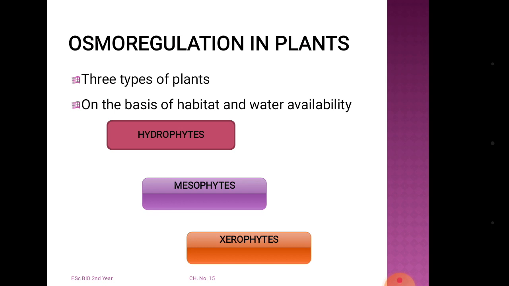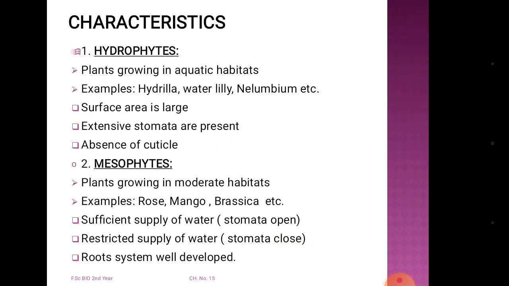Those plants where a moderate, normal supply of water is present, and which adapt according to that habitat, are called mesophytes. Those plants which are present in desert conditions, where drastic conditions can be observed, are called xerophytes.